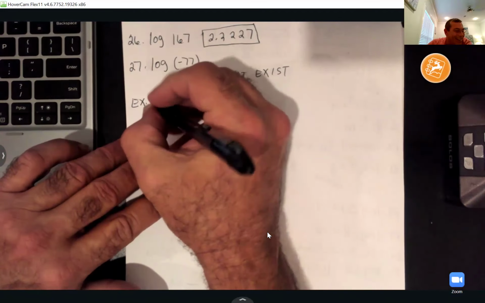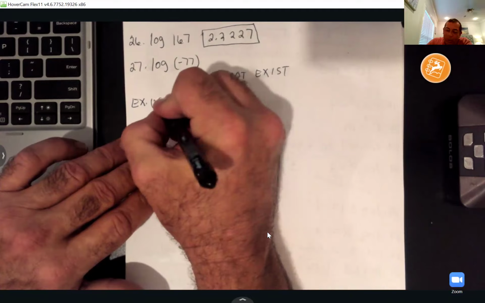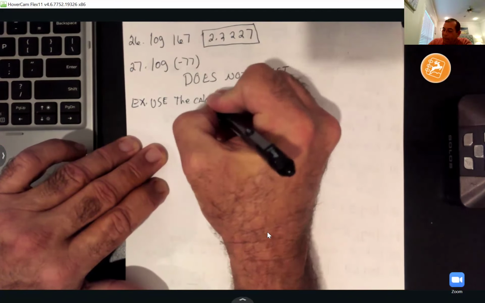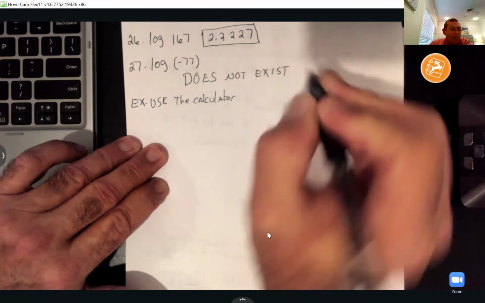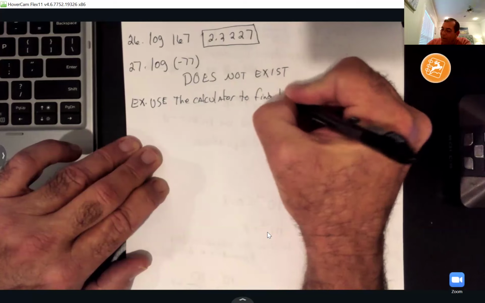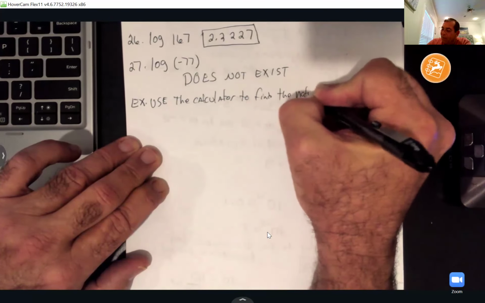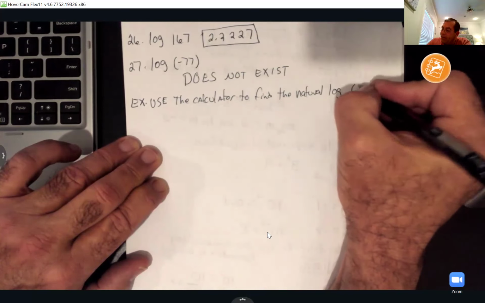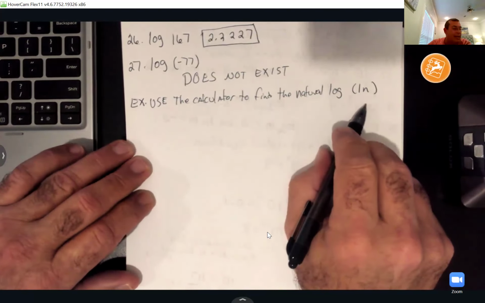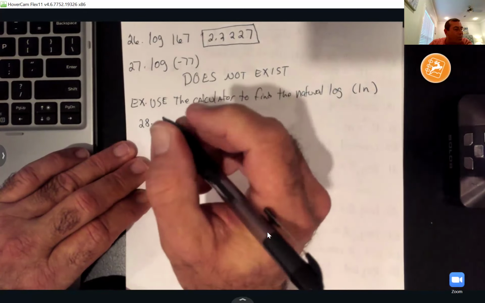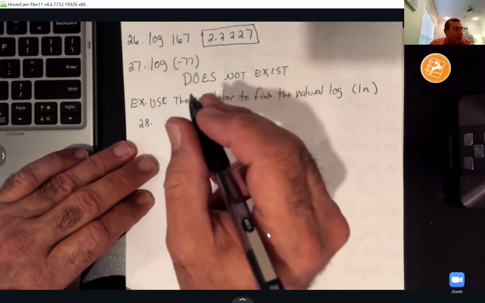All right, now these ones will say use the calculator to find the natural log. And that's the LN stuff. Remember, that's the LN. So let's see, I'll do one of these just to see that y'all are getting this.